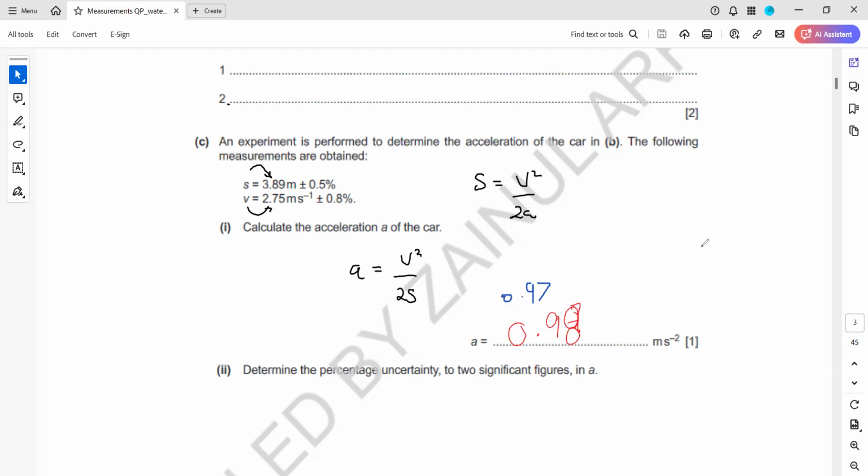So v is 2.75, so it should be 2.75 squared divided by 2s, I guess. So it will be 3.89. So 0.97 or 0.98.